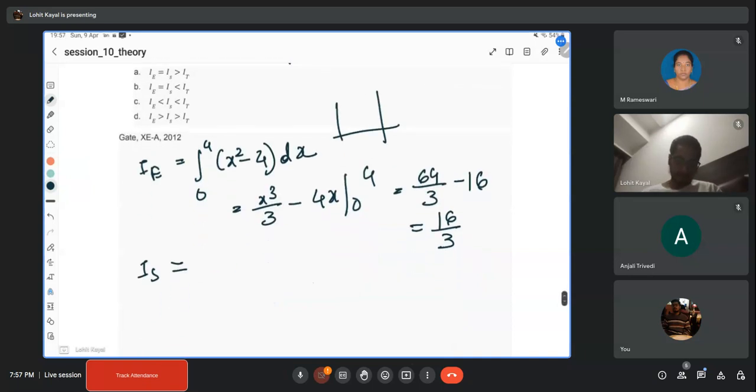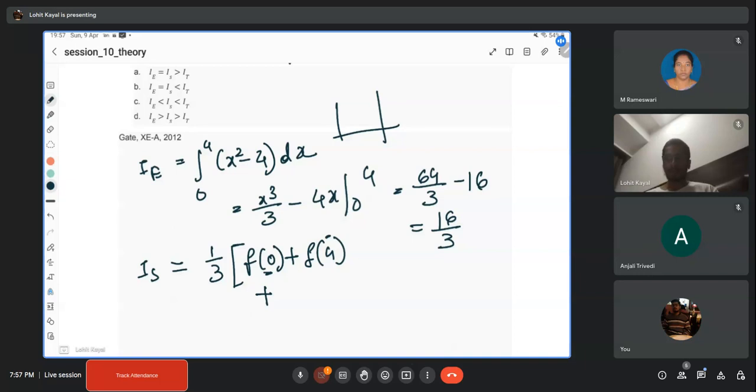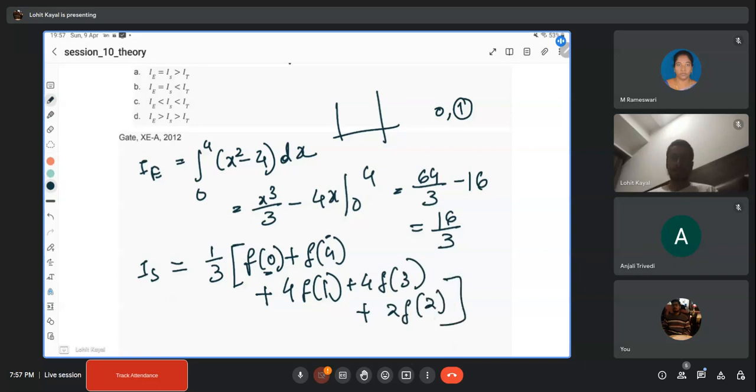So if I apply the Simpson formula, it will be 1 over 3 times f of 0 plus f of 4, where f of 0 is the starting point and 4 is the last point, plus 4 times the points that appear in the odd sequence, that is, from 0 as the even, then 1 appears in the odd sequence: 4f1 plus 4f3 plus 2f2. Okay, so this will be the answer.